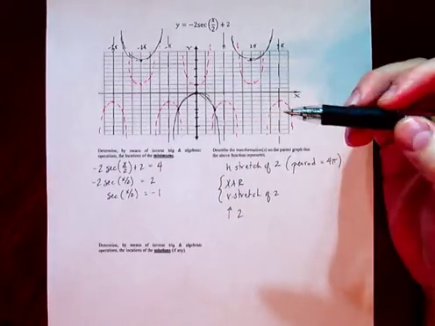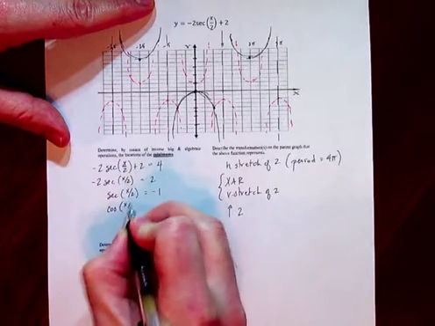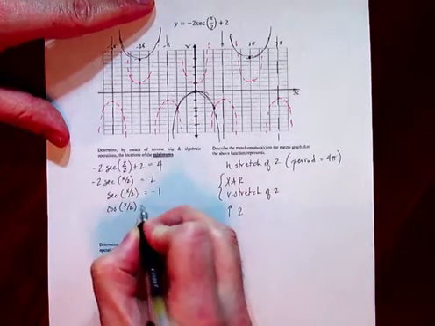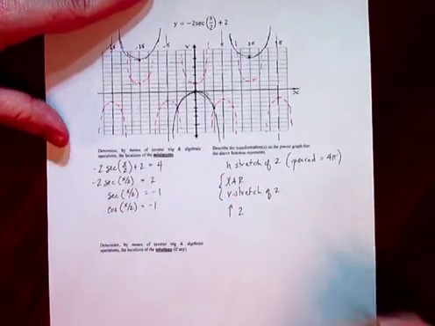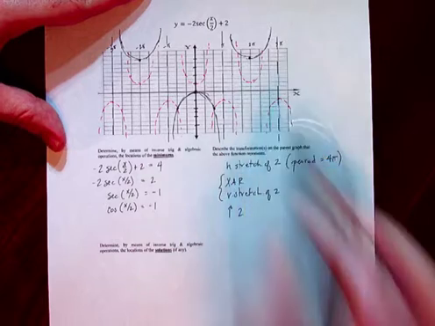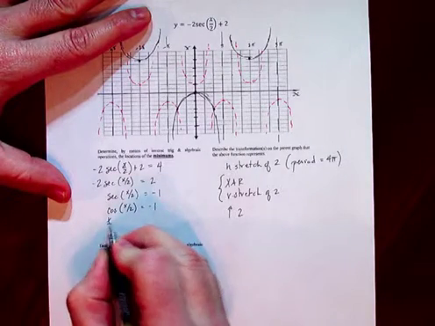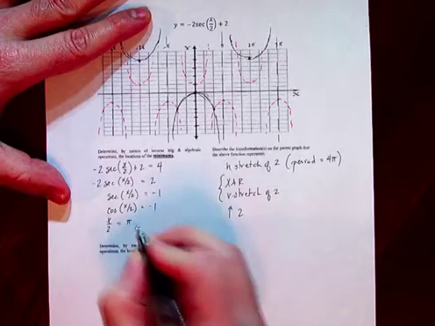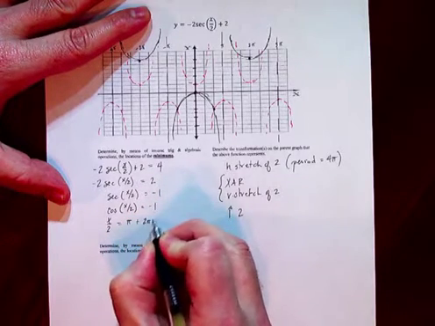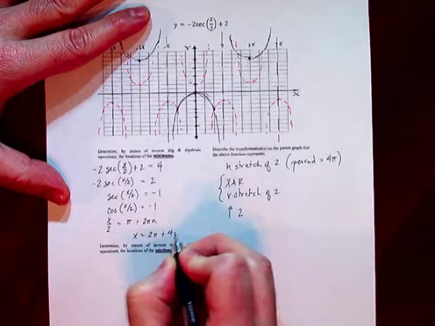Well, that's the same place where cosine is negative 1. And cosine is negative 1 here, here, here, here, right? And that's basically at pi and every coterminal. So that's basically x over 2 is equal to pi plus 2 pi n, and x is equal to 2 pi plus 4 pi n.